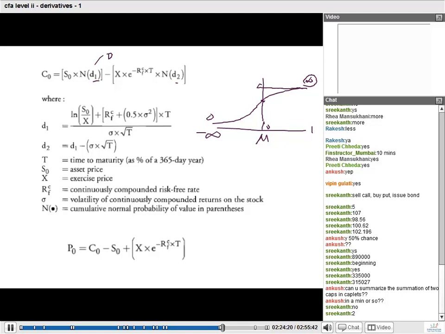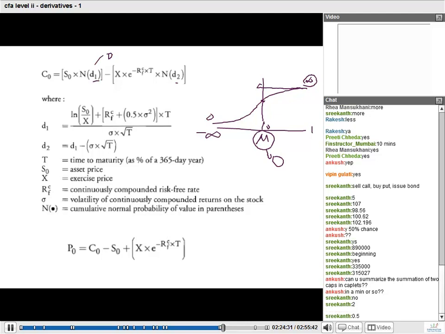What is the number of values less than the mean? If I give the input to this distribution as the mean, or 0, assuming a standard normal distribution, then what will be the cumulative number of values less than or equal to the mean? Half the values lie to the left of the mean, and half the values are greater than the mean. So if I give the mean or 0 as the input, then the cumulative normal function will throw a value of 0.5. So understand, N(d1) and N(d2) are values in between 0 and 1. And we'll study the significance of these values a little more.